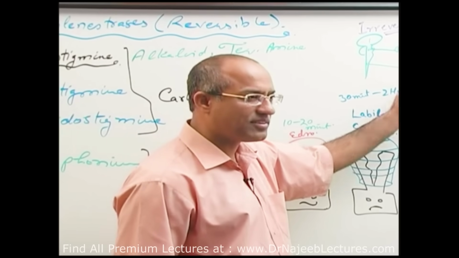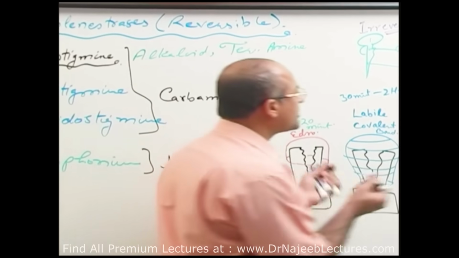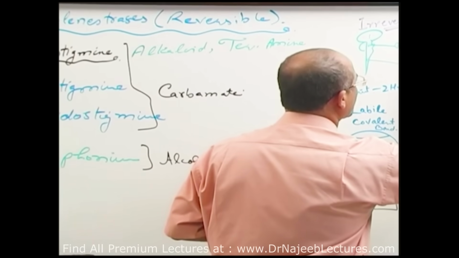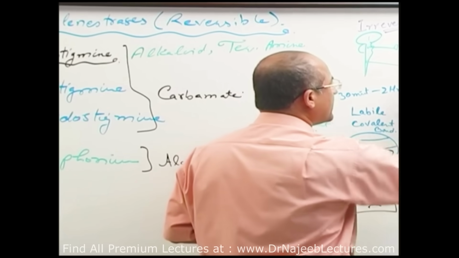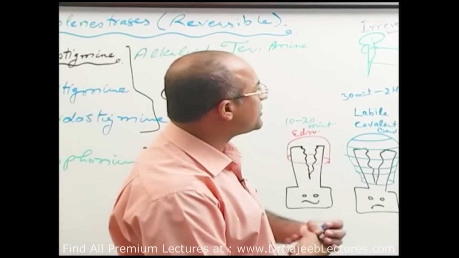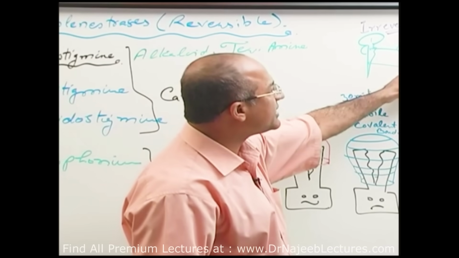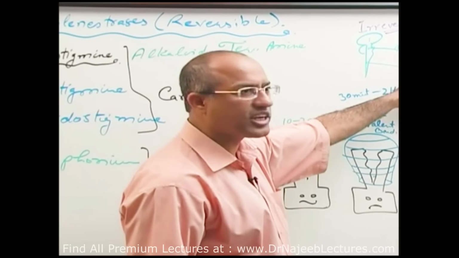nerve block and paralysis. Again, let me tell you that if this is your cholinergic nicotinic receptor and it is overstimulated, you remember from the previous lecture, when acetylcholine binds and detaches, it lets the cations go in.